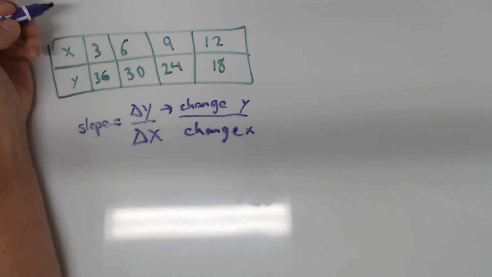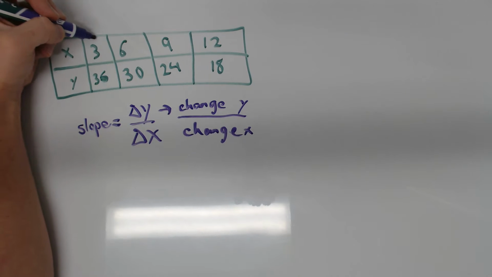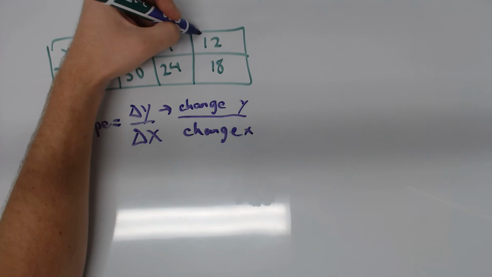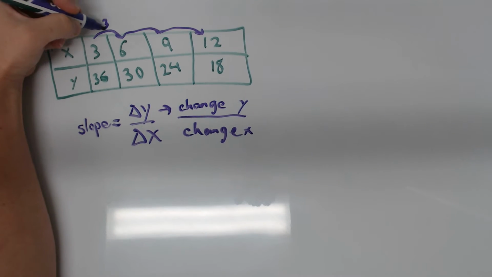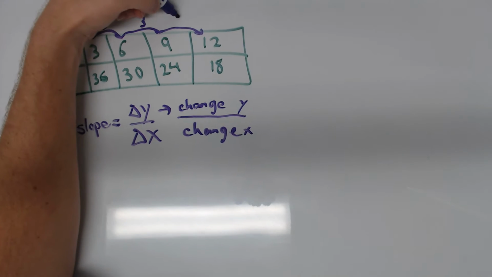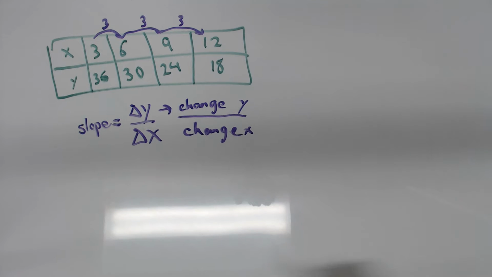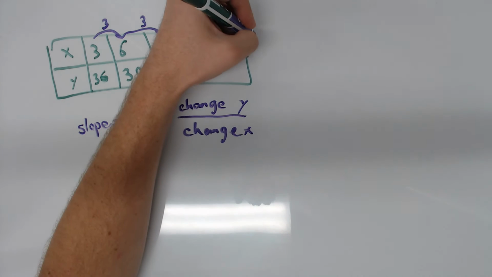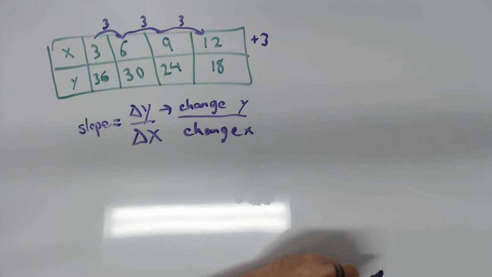So my expectation is that you check every single pair of points. X goes up 3, 3 to 6 is 3, 6 to 9 is 3, 9 to 12 is 3. So we do have a constant change in x of plus 3.